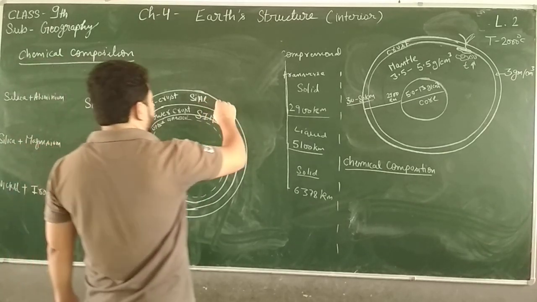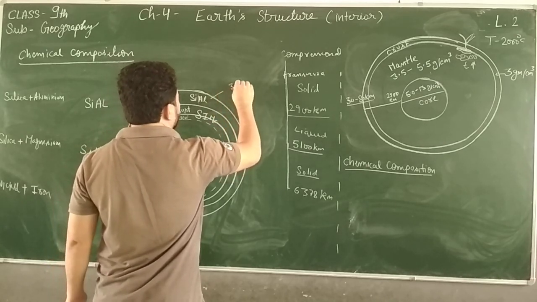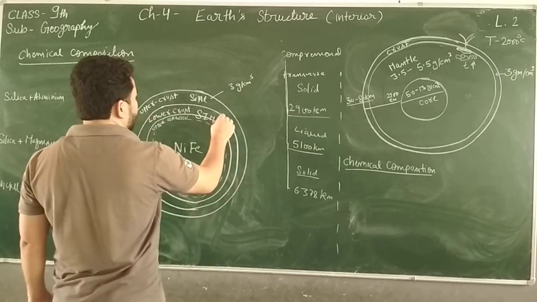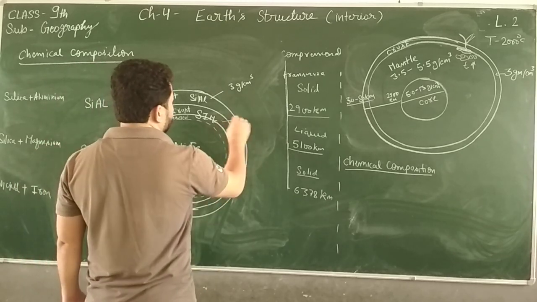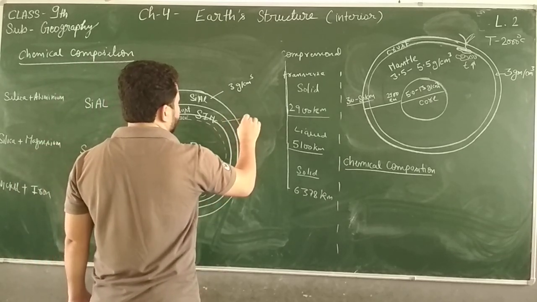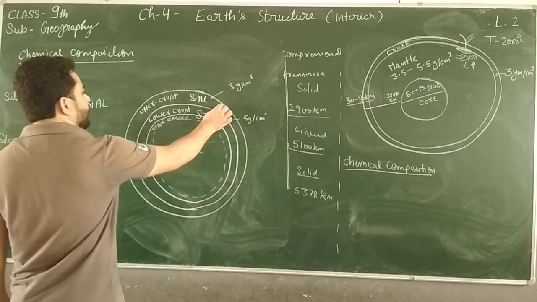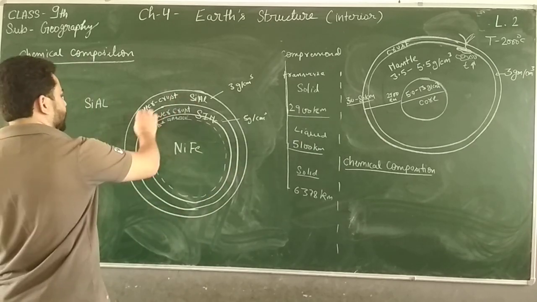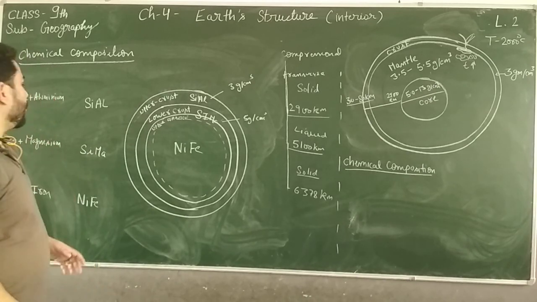Sial is lighter and its density is around 3 gram per centimeter cube. And sima is heavier; its density is around 5 gram per centimeter cube. So sial appears to float on sima. So what is the chemical composition of Earth?